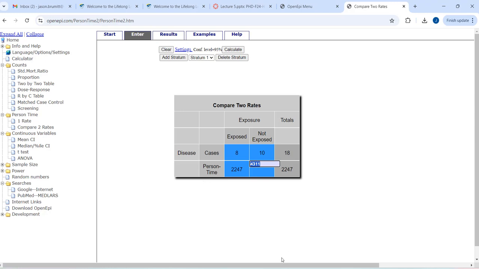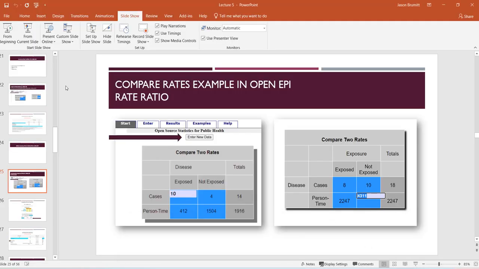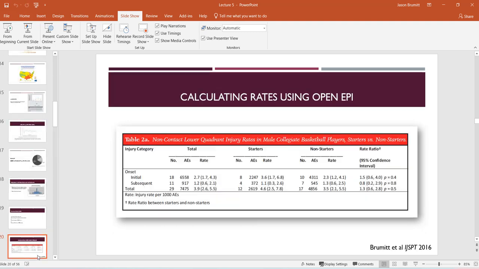So if I go back to PowerPoint here and show this, here I was comparing the rates of initial injuries in starters versus the injury rate in non-starters. Why would I want to do that?